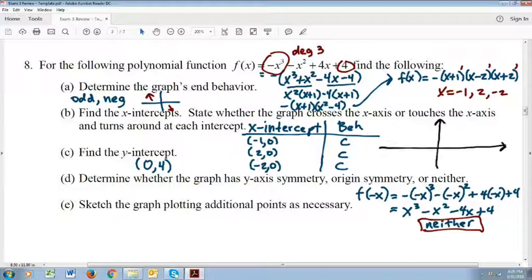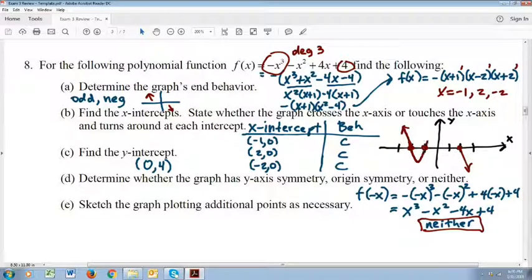And so now we're ready to graph this thing. Let's put in our intercepts and our end behavior. Then we're going to start from the left and go to the right. Starting on the left, we cross here.